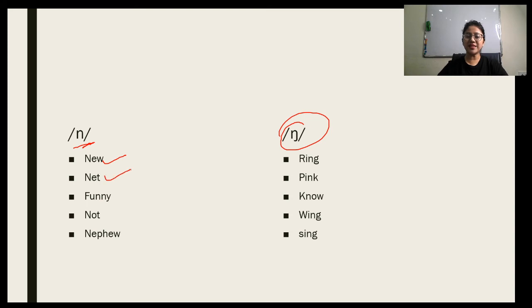The next one is net, funny, not, nephew. That's the N sound which is there in all the words. Win. So at the beginning or at the end, it's very easy to pronounce it. There isn't much difficulty in how you should be pronouncing that word. So with most people, it comes easy to them.